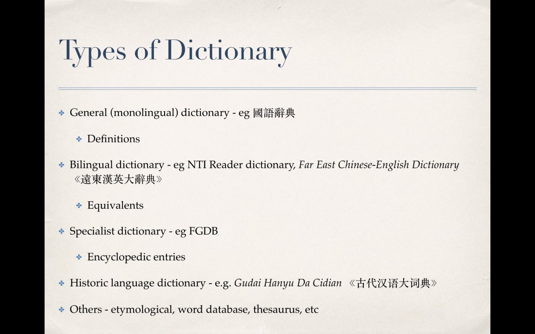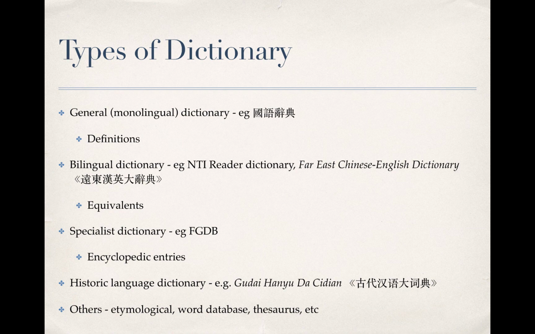Another kind of dictionary that's important with canonical Chinese is historic language dictionaries, in particular dictionaries for literary Chinese, such as the Gudai Hanyu Dacidian, a dictionary from mainland China which explains literary Chinese or classical Chinese in English. One of the challenges here is the large number of periods covered by literary Chinese.